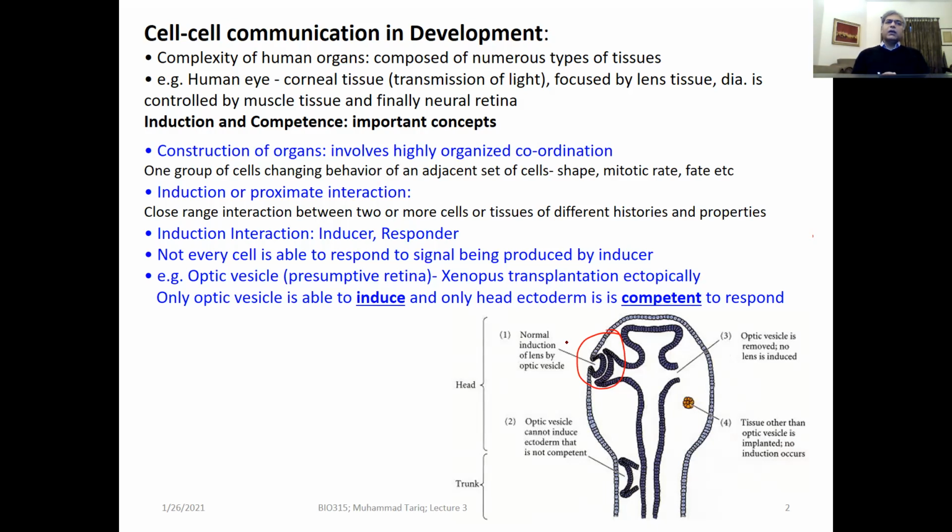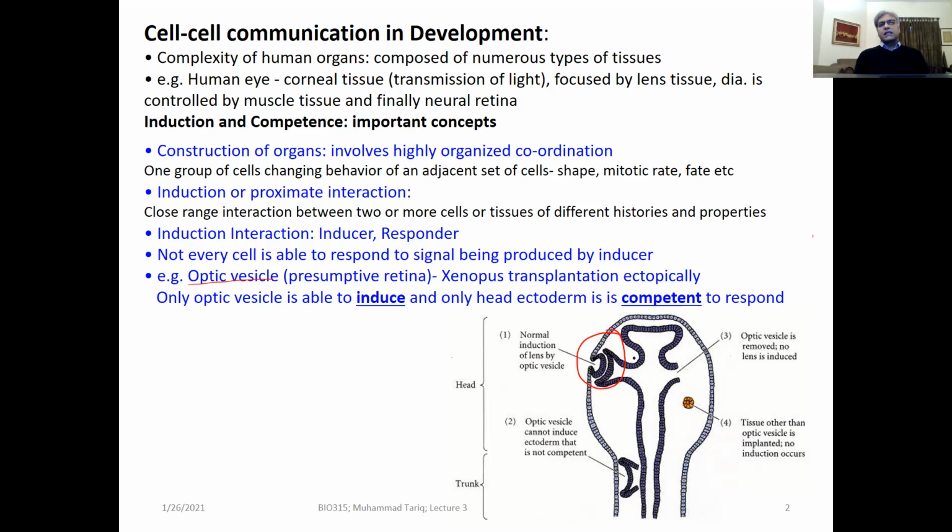When we look at the formation of the eye structure in Xenopus, which has been used very intelligently to understand the concepts of induction and competence and the associated cell signaling, we have the optic vesicle.